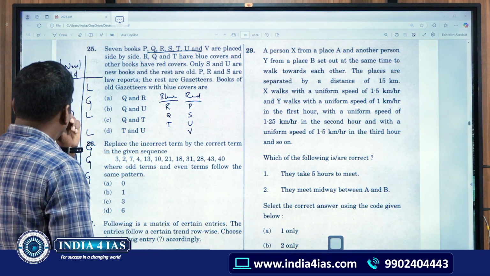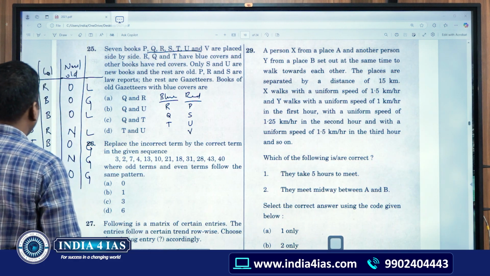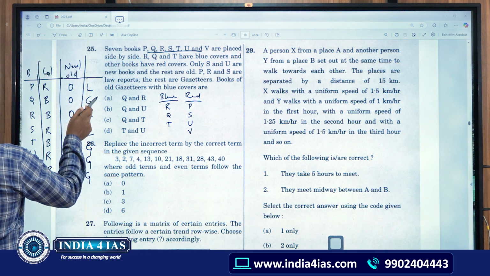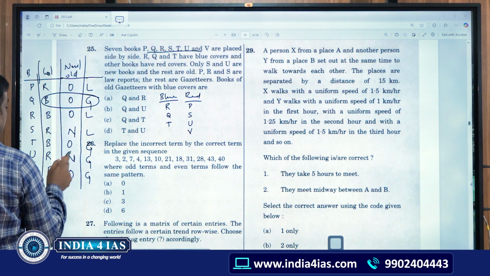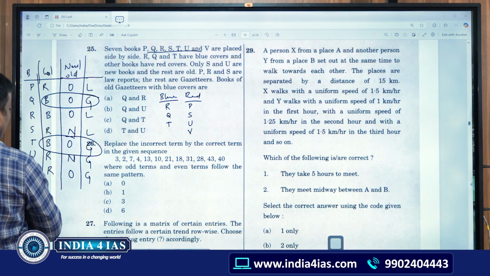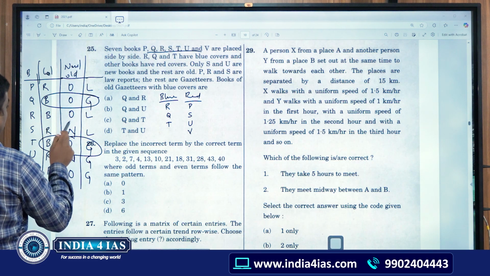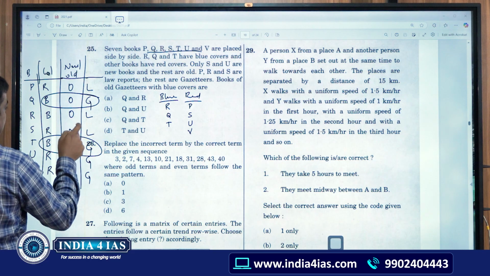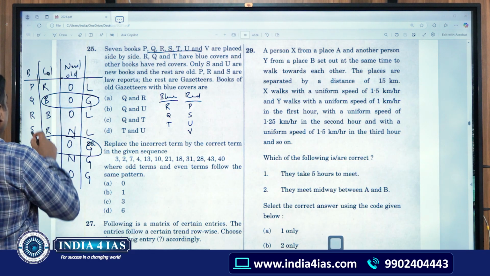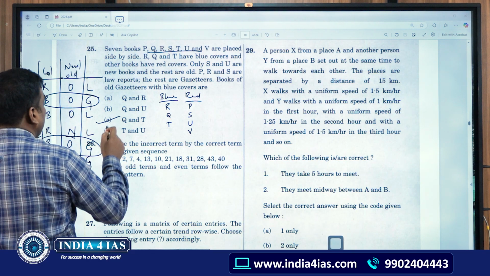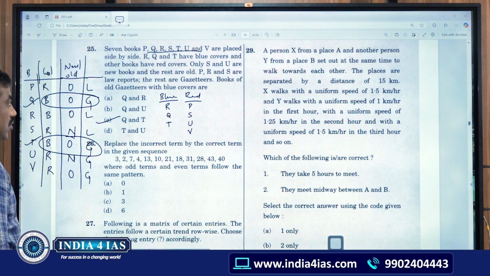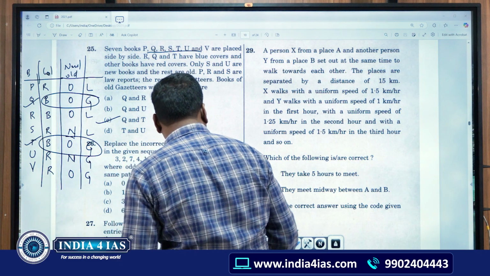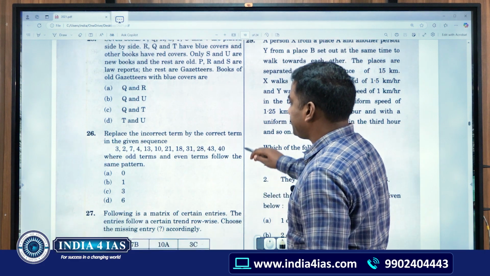Now, books of old gazetteers with blue covers. Among blue, 3, we have selected 2. They are Q and T. Q and T are the old blue gazetteers. So this is just a tabulation kind of thing. Nothing much.